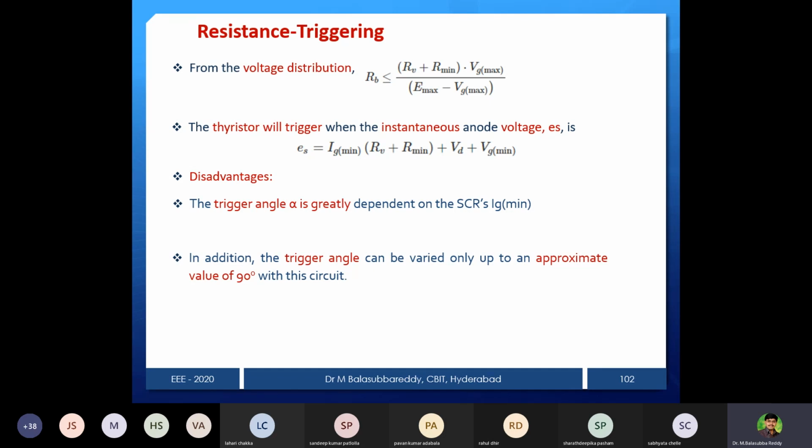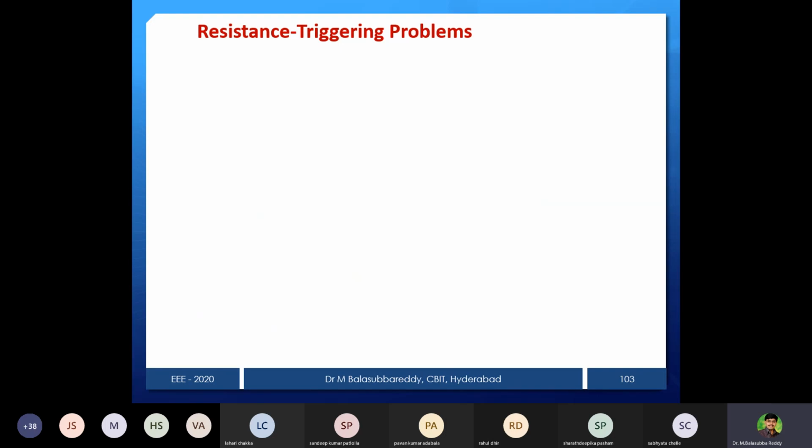So it can be controlled only from 0 to 90 degrees. This is the major drawback in R triggering: the load voltage waveform can only be varied from 0 to 90 degrees. Now we'll see some of the problems also.